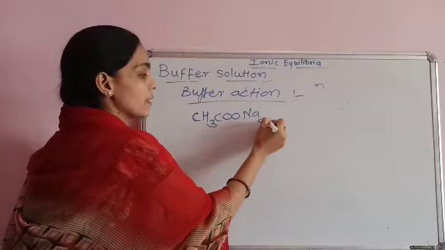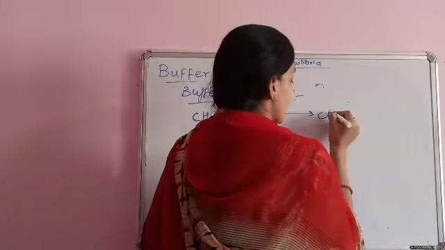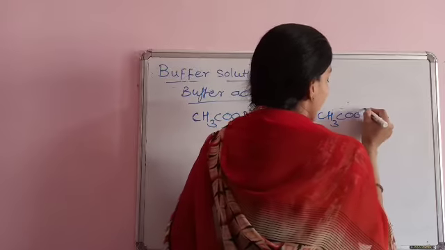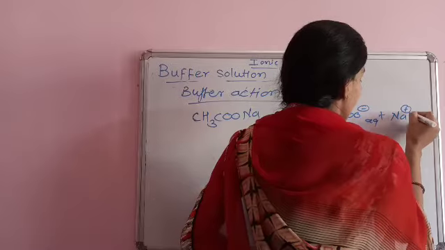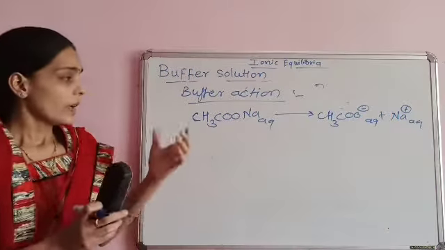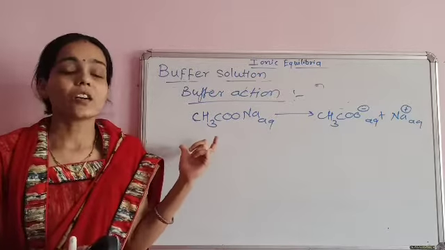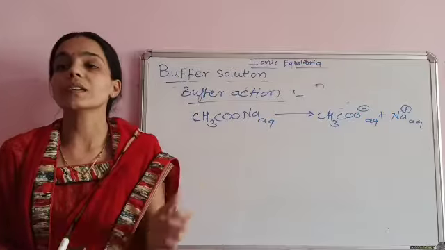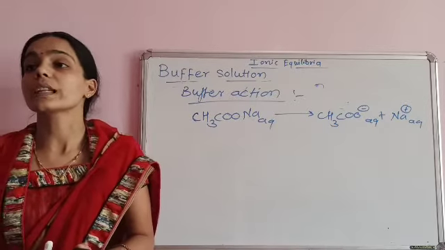Sodium acetate in aqueous solution gives CH3COO minus ions plus Na plus ions. Acetic acid is a weak acid. The concentration of undissociated acetic acid molecules is usually high.